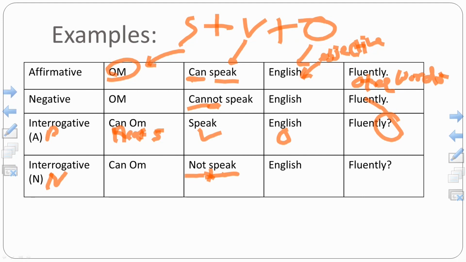So in these four manners we can see how the auxiliary can be used. Here we have used the auxiliary called can. So these are the examples of auxiliaries.